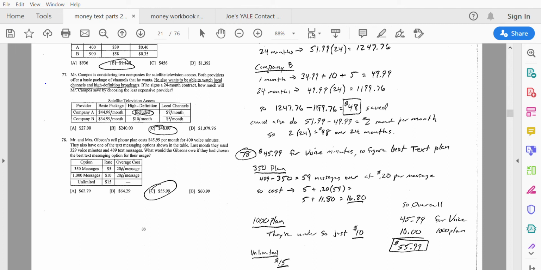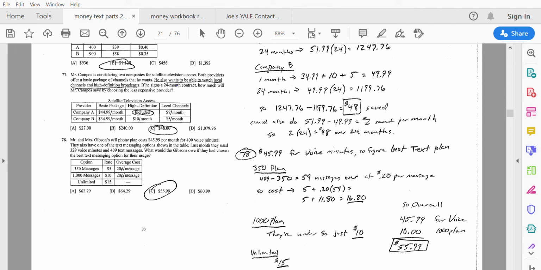So understanding how you get charged for things is what we're looking at here. It says they also have one of the text messaging options shown in the table. Last month, they used 329 voice minutes and 409 text messages. What would the Gibsons owe if they had chosen the best text messaging option for their usage?